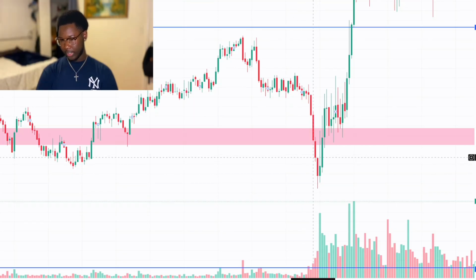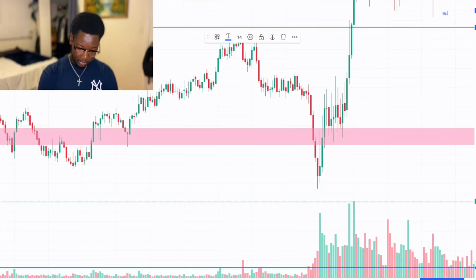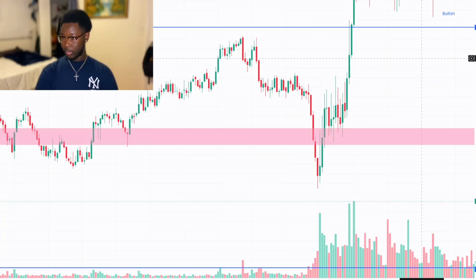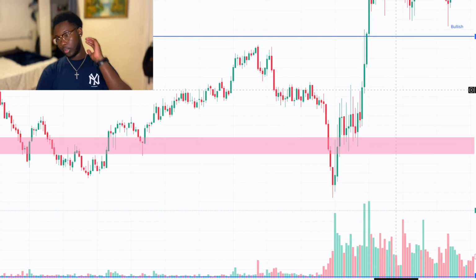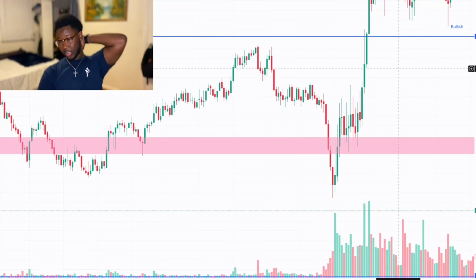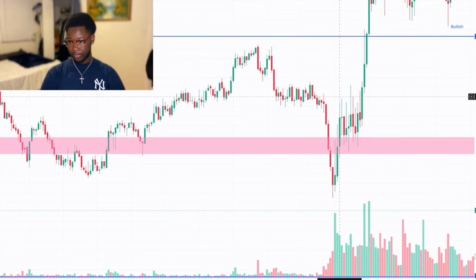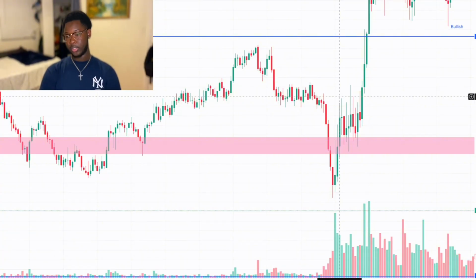I don't think I would have taken this anyway, but I wasn't looking for shorts. My bias was bullish, and although I might win, I noticed from backtesting that long term, if I go against my bias, they're usually L's. The win rate when I go against the bias is low.